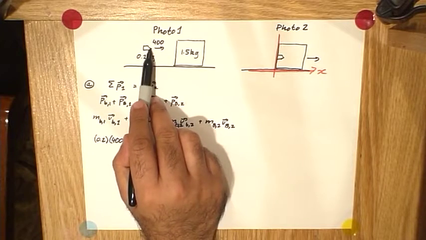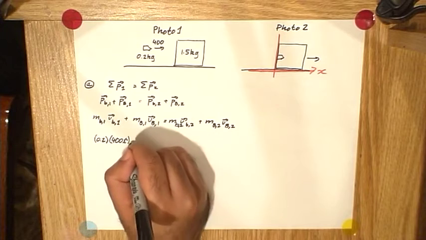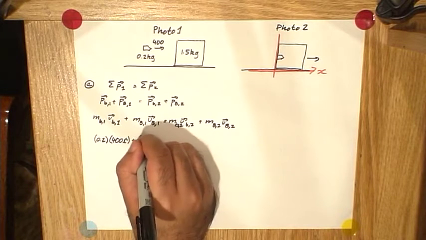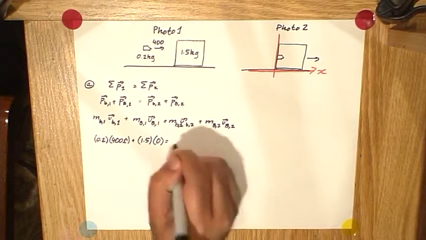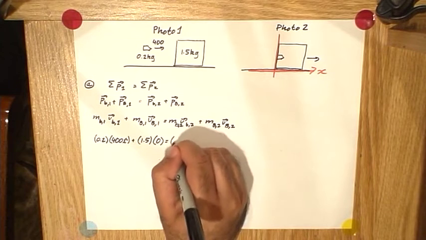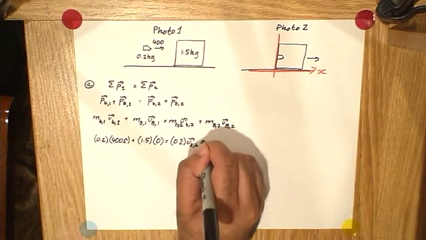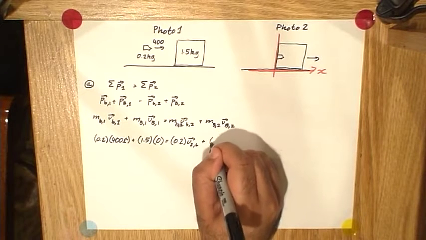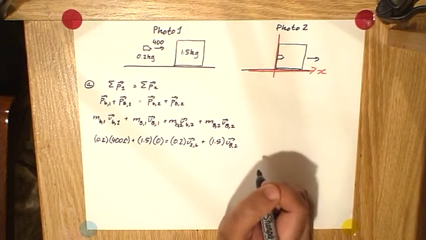So the motion of this bullet would be 400 meters per second i hat, that is the positive direction, plus mass of the block, 1.5, times velocity of the block, 0, is equal to mass of the bullet, still 0.2, times velocity of the bullet in photo 2, unknown, plus mass of the block, which is 1.5, times velocity of the block in photo 2, which is also unknown.